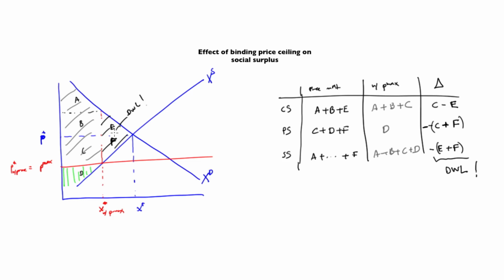Now, let me make a couple of remarks. Clearly, when the policy is binding, it is inefficient because it produces this much loss in social surplus. Plus, please notice that there are cases in which the policy can have redistributive effects. So imagine, as we have been describing in previous models, that the people who own the firms are not the consumers. So there is a group of people who are firm owners and a group of people that are consumers.